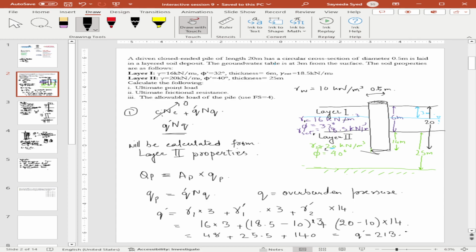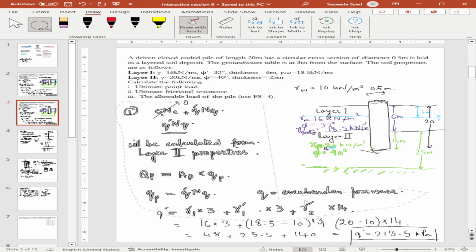Let's move to the next page. Let me delete all this. Only this part.